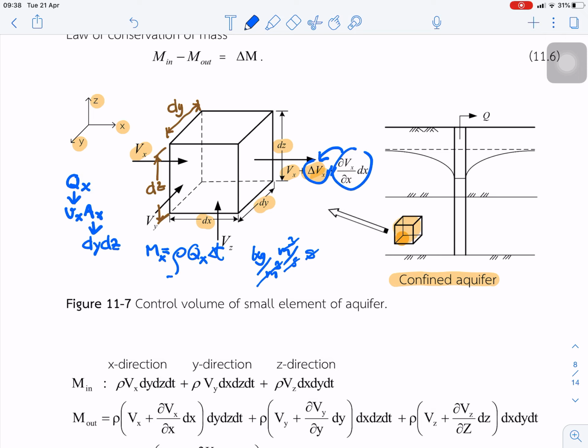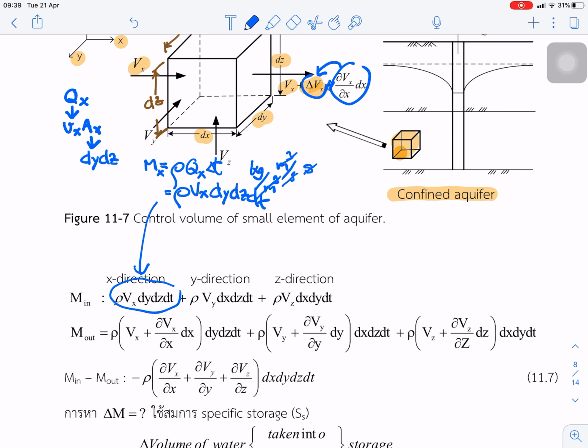If we substitute q equal to Vx Ax, and Ax equal to dy dz, and dt, it's equivalent to this. That's where this equation comes from. We can do the same for the x, y and z directions to derive the mass in.